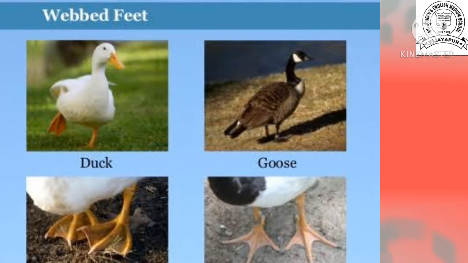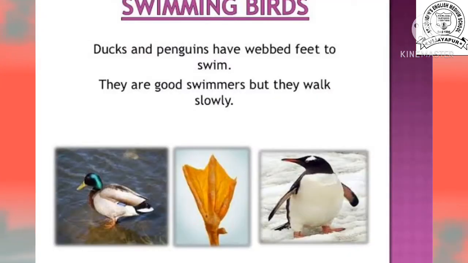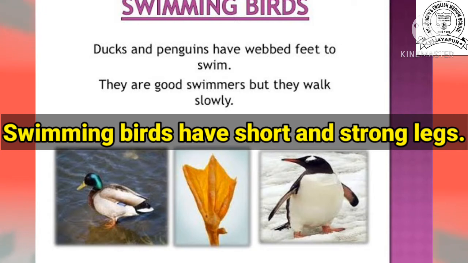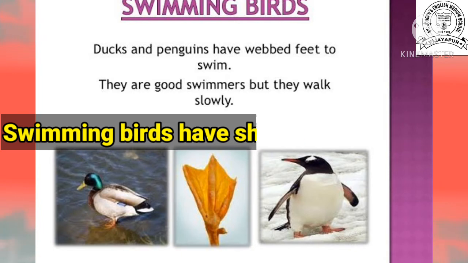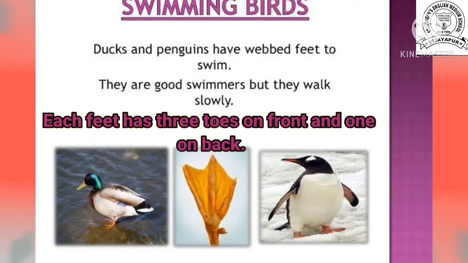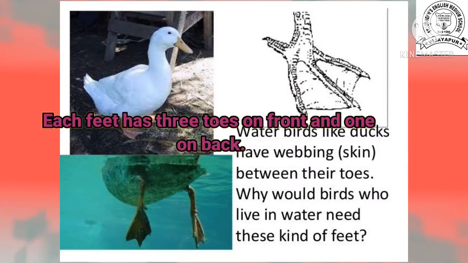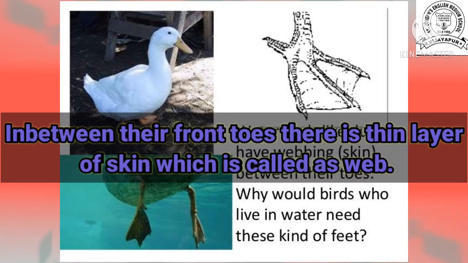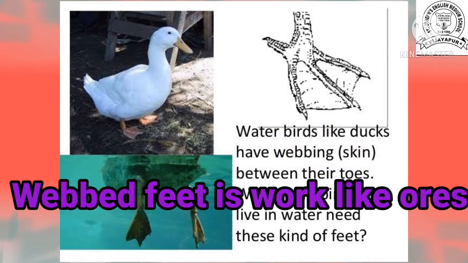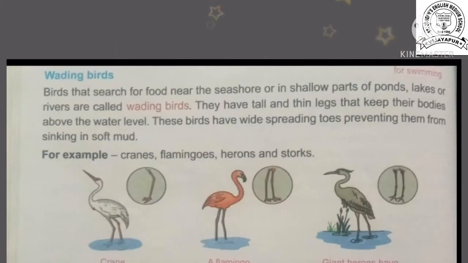The primary use of webbed feet is paddling through the water, and they have short, flat and strong legs, and each leg has 3 long toes in front and a short toe at the back. In between their front toes, there is one thin layer of skin, and that thin layer of skin is called a web. So they are called webbed feet, and webbed feet work like oars. Got it, children? Now next part.